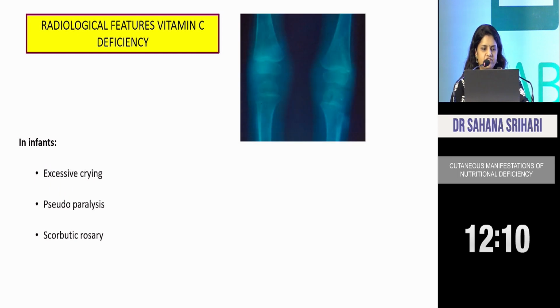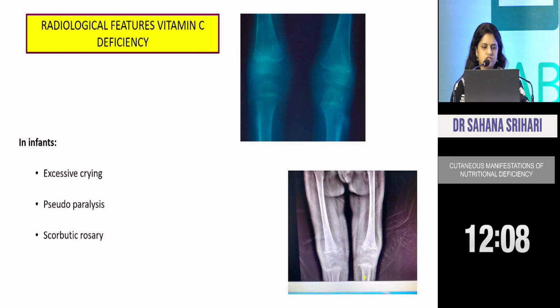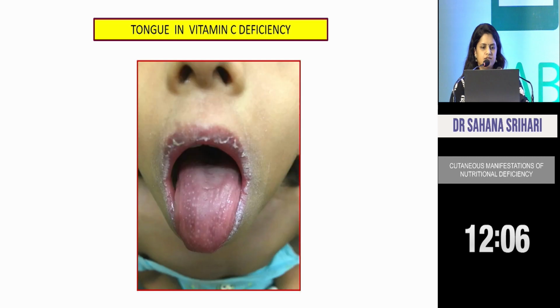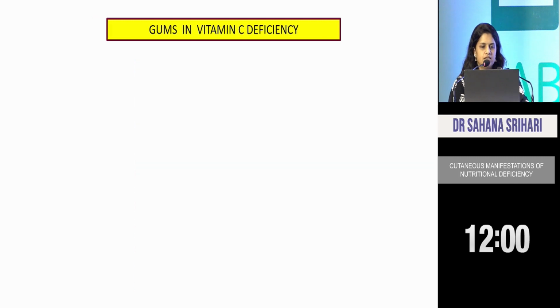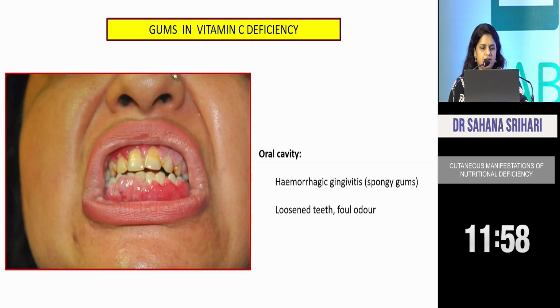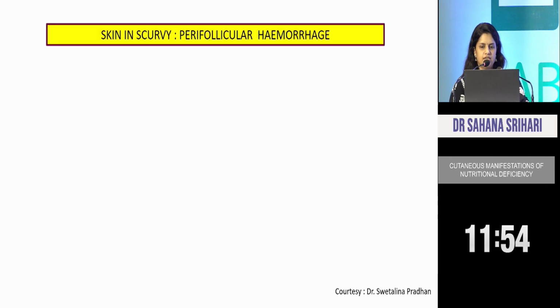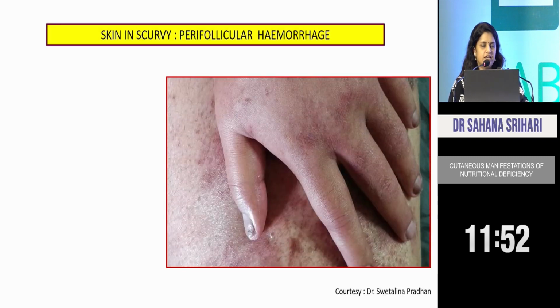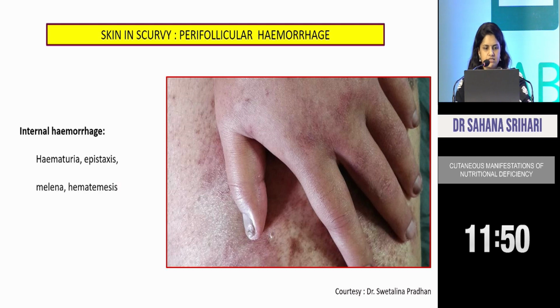Other radiological features can be pseudoparalysis or the scorbutic rosary. The tongue can have some amount of exfoliation and prominent papillae. There can be spongy hypertrophic gums, loosened teeth and foul odor in the oral cavity. Perifollicular hemorrhage is another feature in vitamin C deficiency.